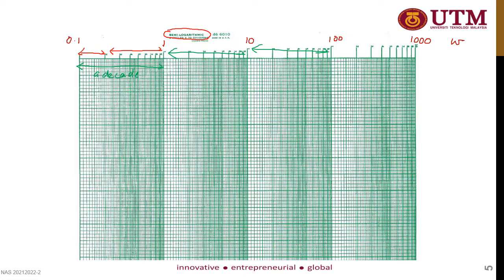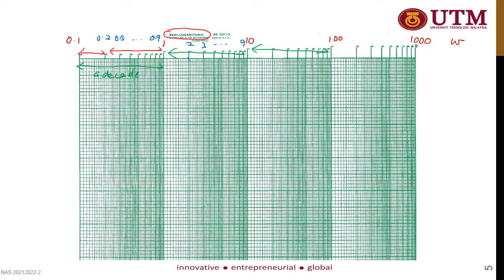So how about the subsections inside a decade? If here is 0.1 and here is 1, then here is 0.2, 0.3, up to 0.9, and then 1. In the next decade, 1 until 10, each subsection represents 2, 3, until 9.